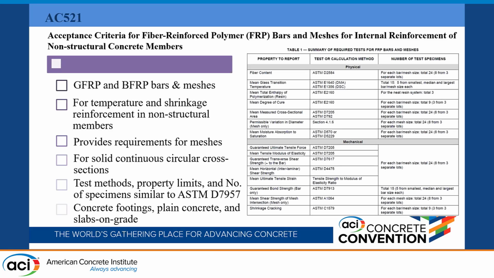Most of the applications are flat works, slabs on ground, footings, plain concrete, which is the main leg of my dissertation. And yes, this one, like the previous acceptance criteria, covers GFRP and BFRP, and also the meshes, which is the difference. It's for just solid continuous circular cross sections. So you do not have other types of cross sections.